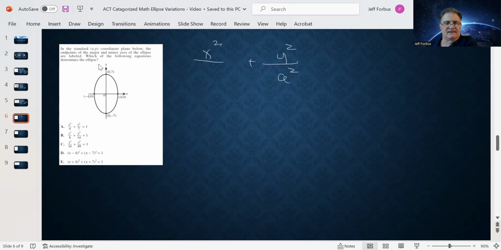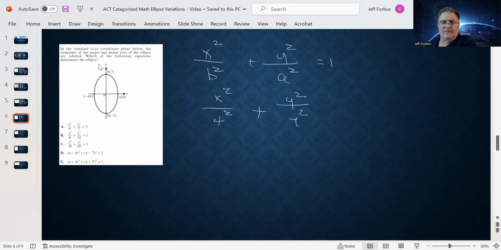The minor axis is along the x-axis. That's our b squared term. When you look at the y-axis, you see the y value of 7. So that a value is 7. And the b value is a 4.